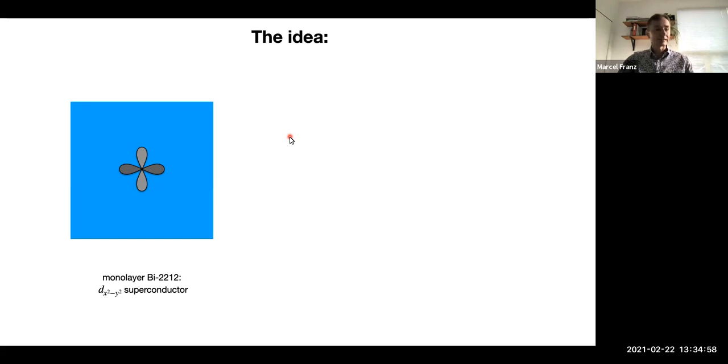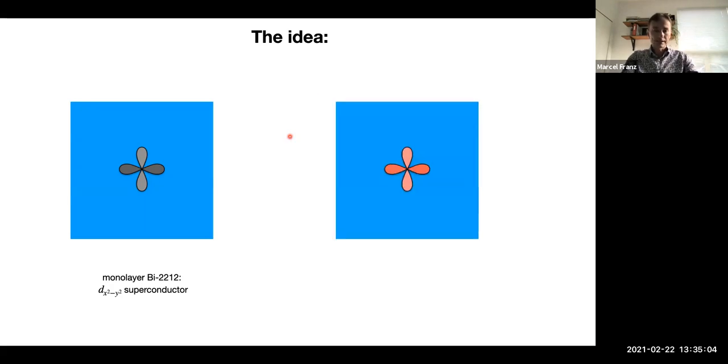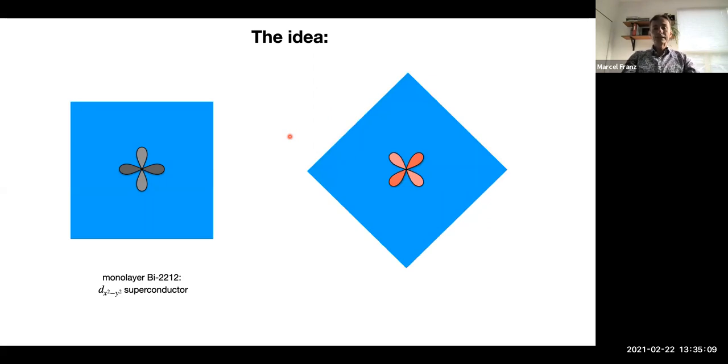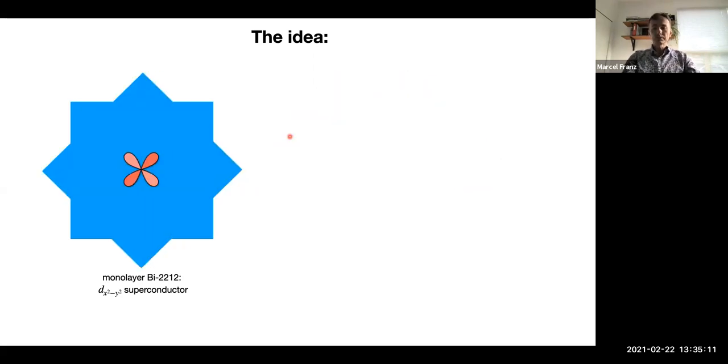This has been tested in many different experiments. So imagine you take one such layer, then you add another layer, and as with graphene, you assemble the two with a twist. Here I'm considering a large twist, close to 45 degrees.